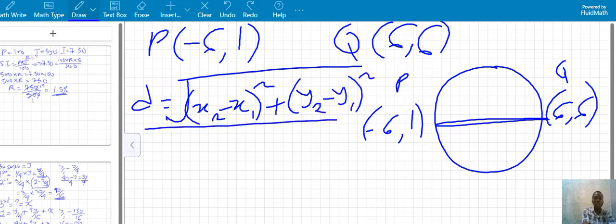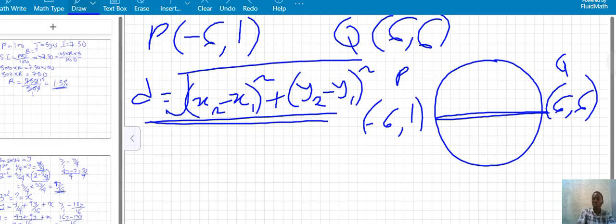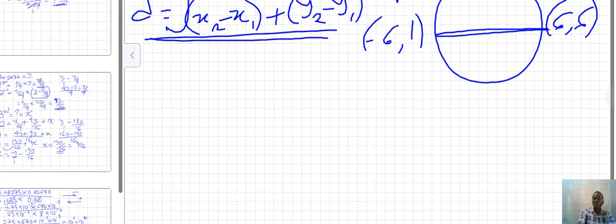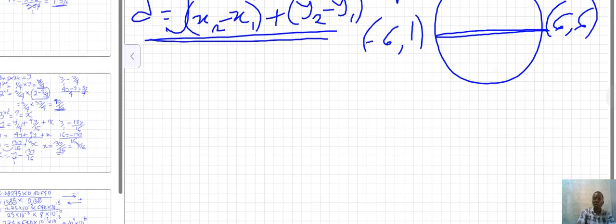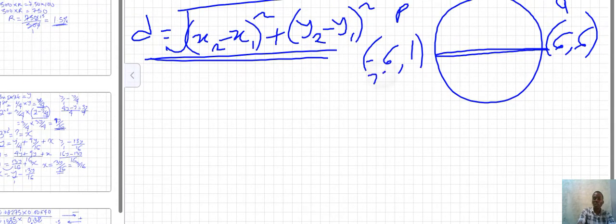This is a formula for finding the diameter of a circle, given the two points. Now remember, this is x1, this is y1, and this is x2, while this is y2.